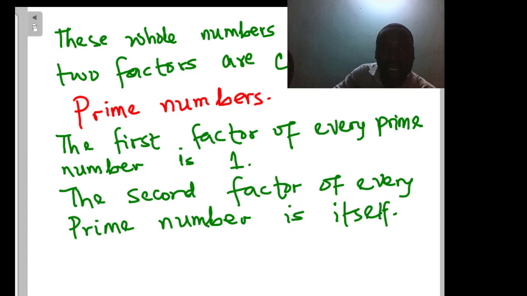Now, in the next page, I'm going to present the prime numbers. Not all of them, but many of them.